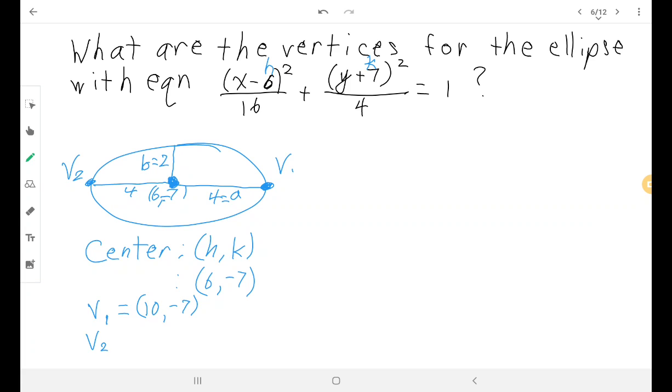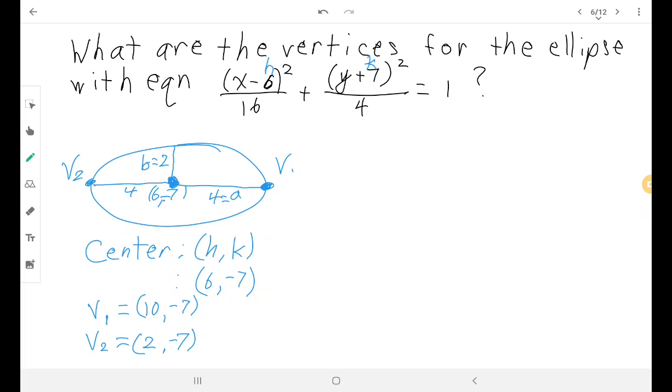And then my vertex 2, also the y direction does not change, but the x direction moves 4 in the negative direction, that is backwards. So if I go 6 and then move back 4, I get to 2, that is 6 plus negative 4, right? So there are my vertices.